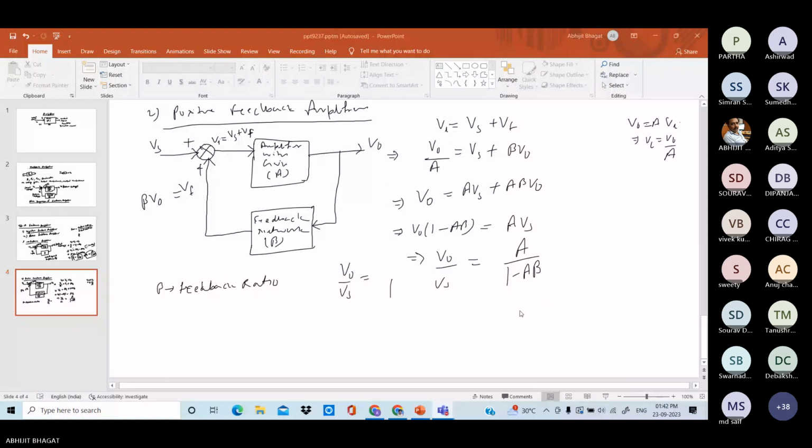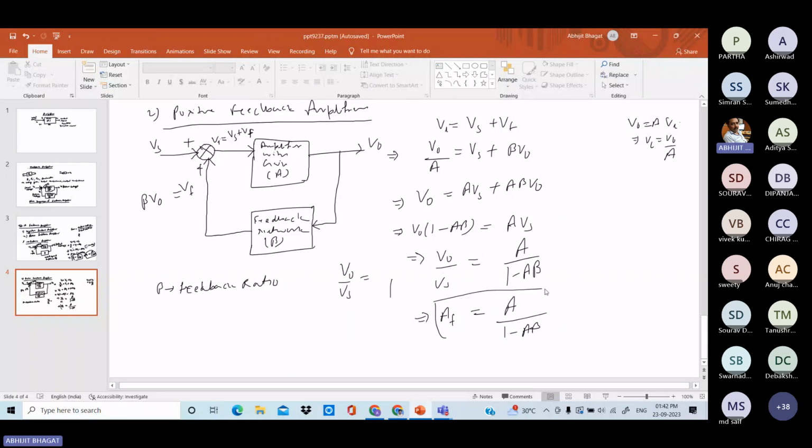Your V0 by Vs is the overall gain of the amplifier, or amplifier with gain with feedback. This AF is equal to A divided by 1 minus A beta.